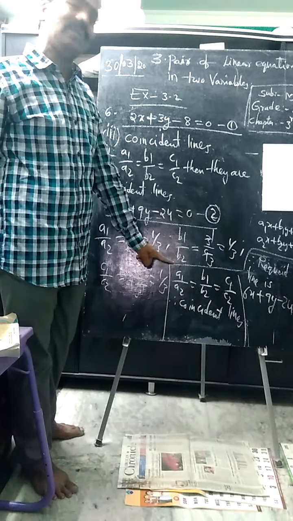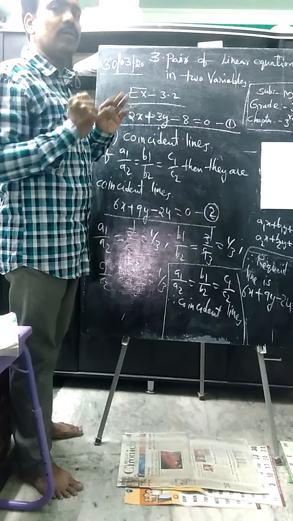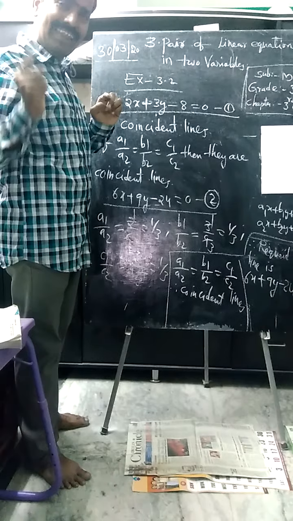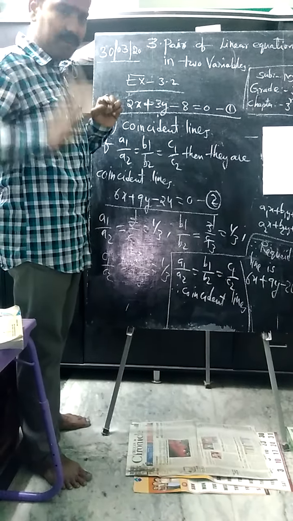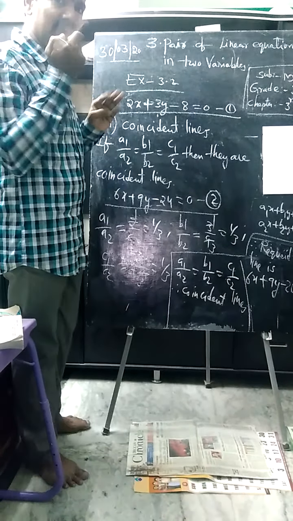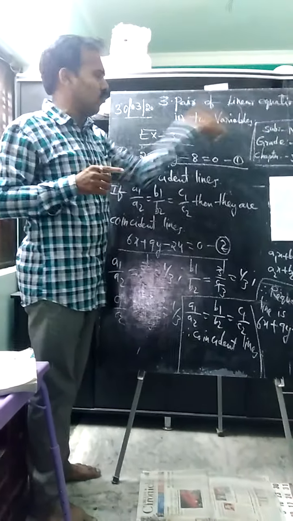In this case, coincident lines: a1 by a2 equal to b1 by b2 equal to c1 by c2. Intersecting lines: a1 by a2 not equal to b1 by b2. Second condition, parallel lines: a1 by a2 equal to b1 by b2 but not equal to c1 by c2. So students, from this we have done the first two exercises of the third chapter, which is pair of linear equations in two variables.